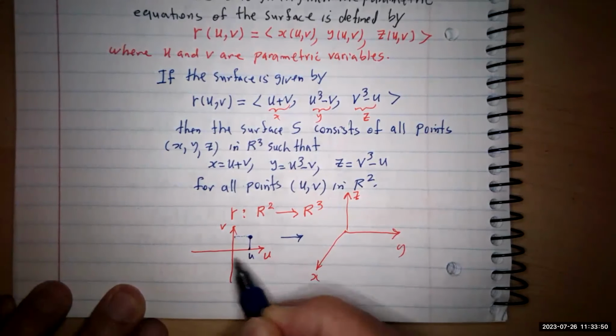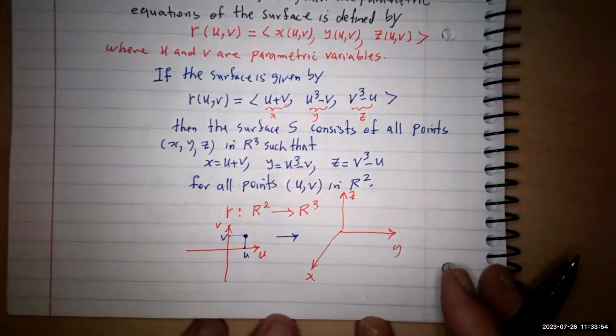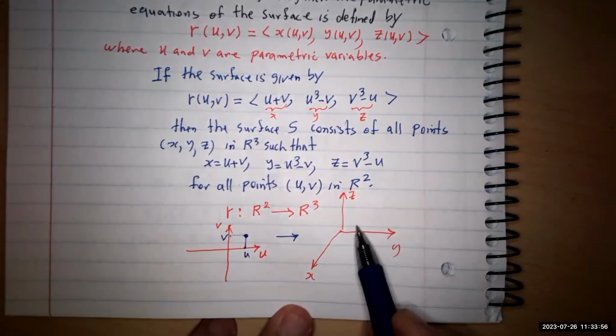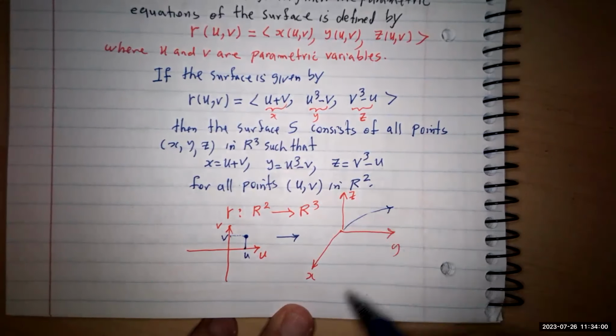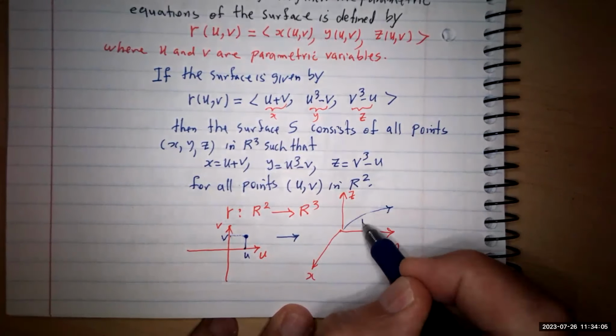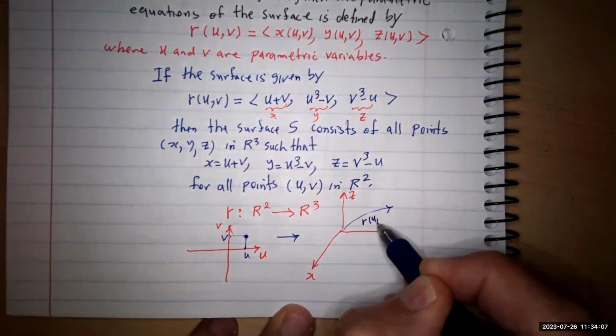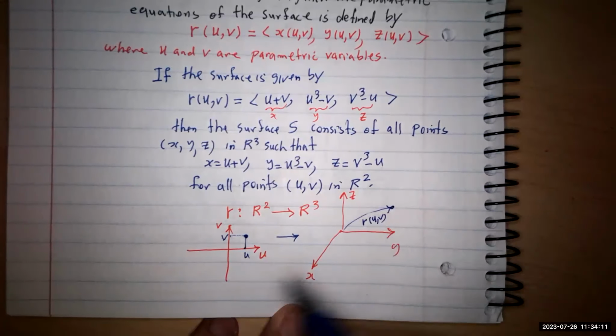This is going to be the U and this is going to be the V. Then this point would be transformed into a vector here. That gives you the vector, and your vector is going to be R of U and V. So each point would be the tip of this vector.